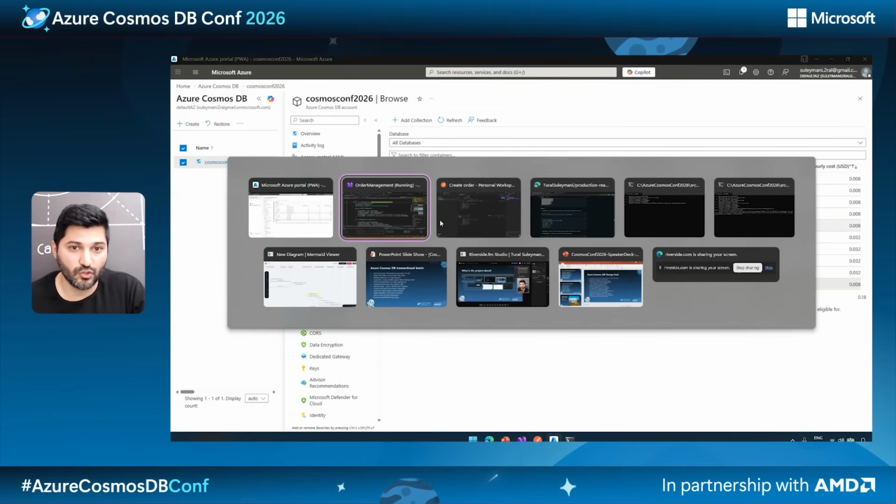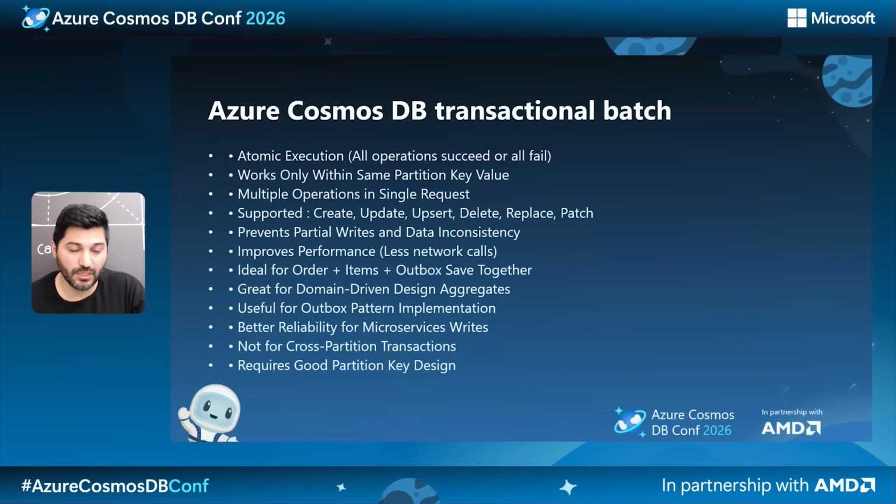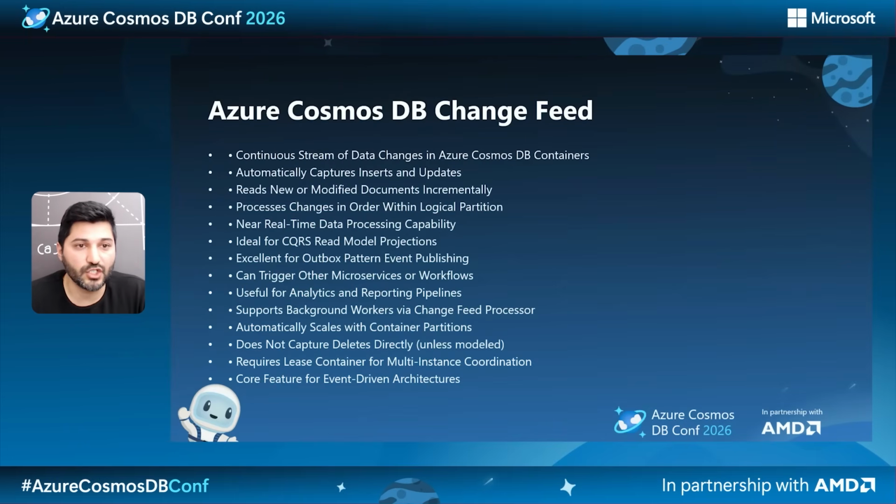Now let's switch to our presentation, and this is our change feed. You have a container and you want to listen to this container because you want to understand what's happening inside this container. You want to see the container data as a stream of data because you want to understand what type of data is inserted to this container, updated inside this container, and also you want to automatically capture information regarding this data.